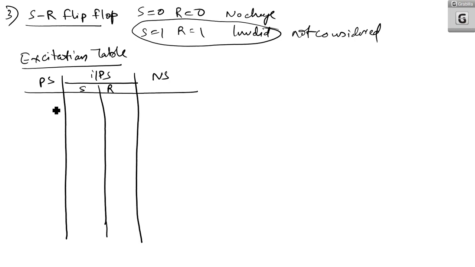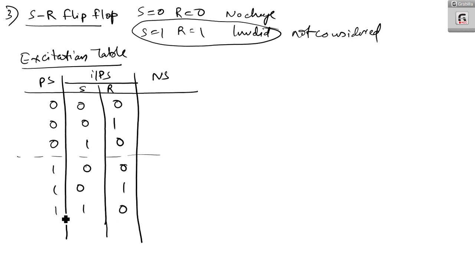So here I am having 0, 0, 0, 0, 0, 1, 2. Then 3 I don't have, so I can stop here. 4, that is 1, 0, 0, 5, and 6. 7 is not there because that means 1, 1, 1. That means when S is equal to 1, R is equal to 1, those two states are not there.